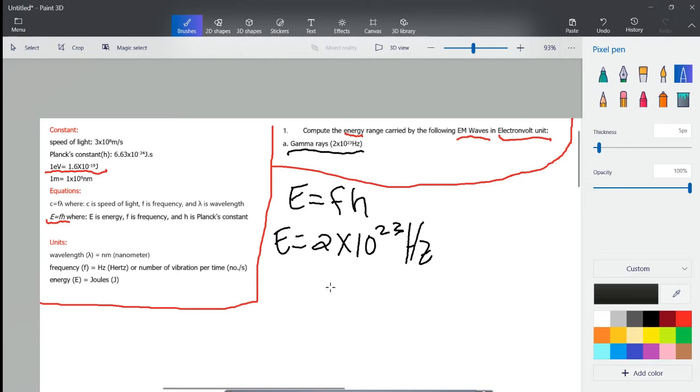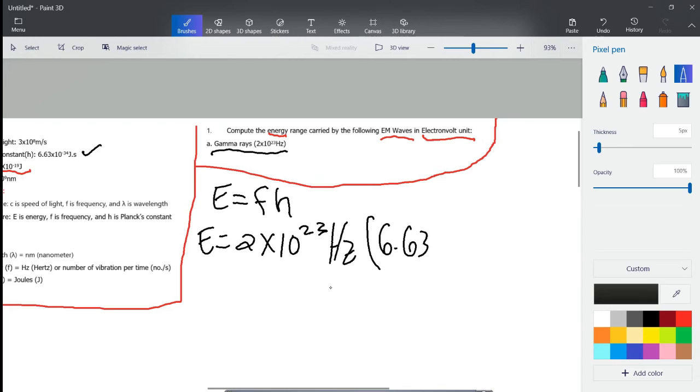So the Planck constant is 6.63 times 10 to the power of negative 34 joule seconds. Closing the parenthesis, that means it is asking for the product.